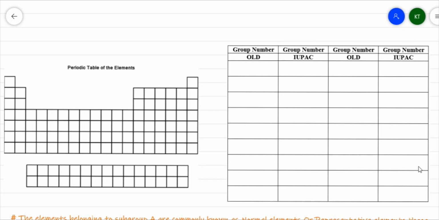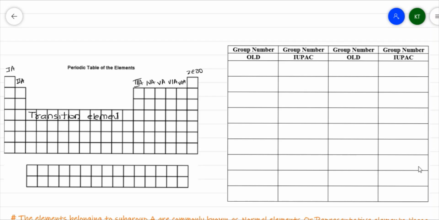In the old system we have 1A, 2A, then the transition elements, then directly 3A, 4A, 5A, 6A, 7A, and this is a 0 group.